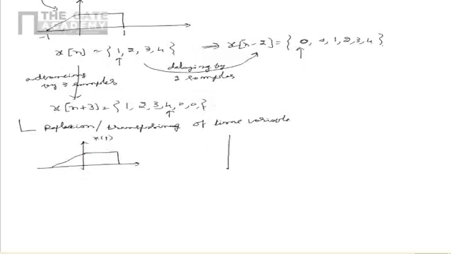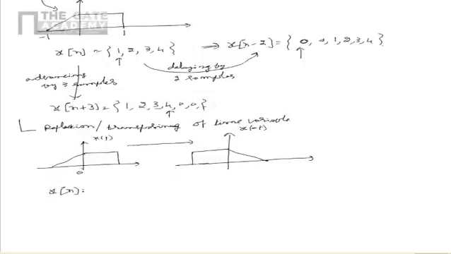In this case, the reflection corresponds to x of minus t. So in case of reflection or transposing, x of minus t can be obtained from x of t by reflecting the signal around t equal to 0. The reflected version x of minus t can be obtained as shown.